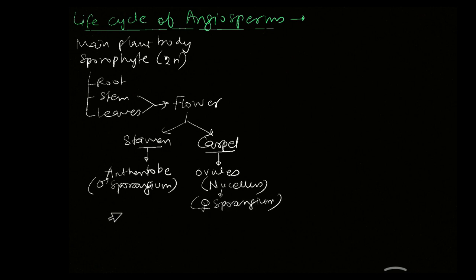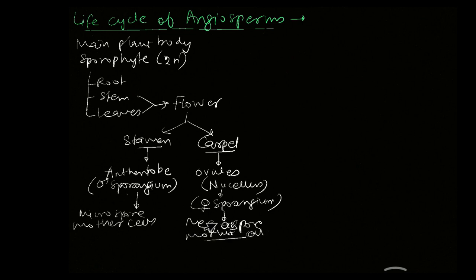Okay, then in this anther lobe, the microspore mother cells are produced, and in the nucellus, the megaspore mother cell is produced.